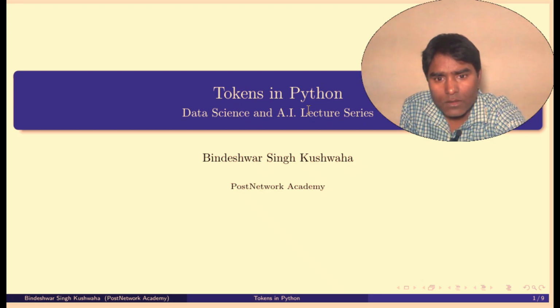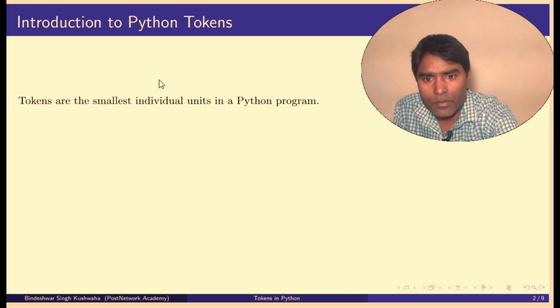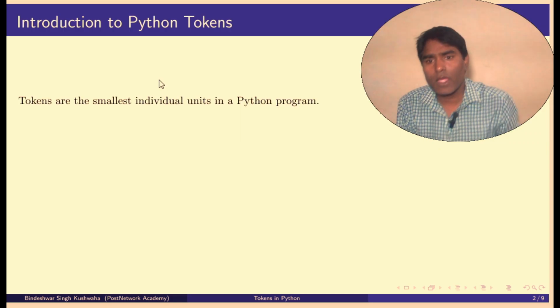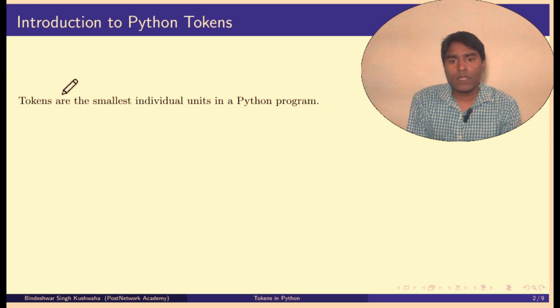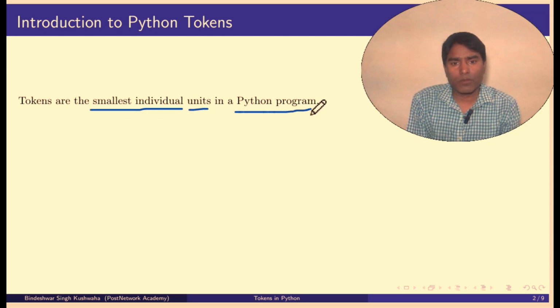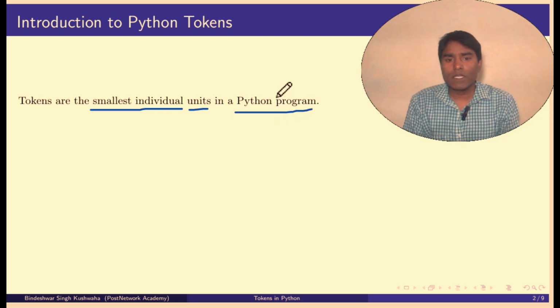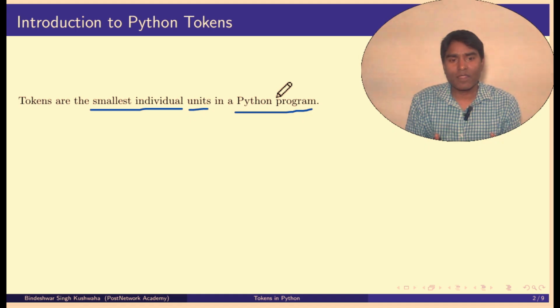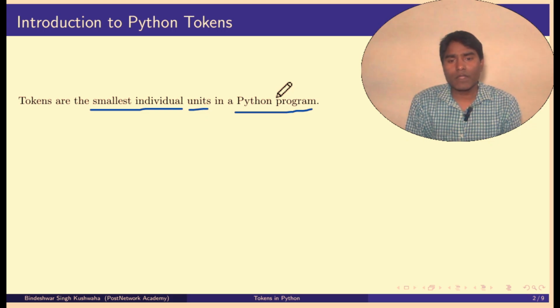So basically in Python there are 5 types of tokens. As the definition says, tokens are the smallest individual units in a Python program. So everything in Python is some kind of token, the smallest individual unit, like operators, variables, identifiers.